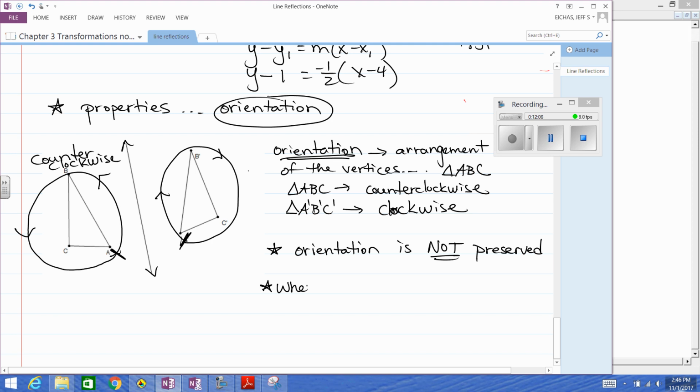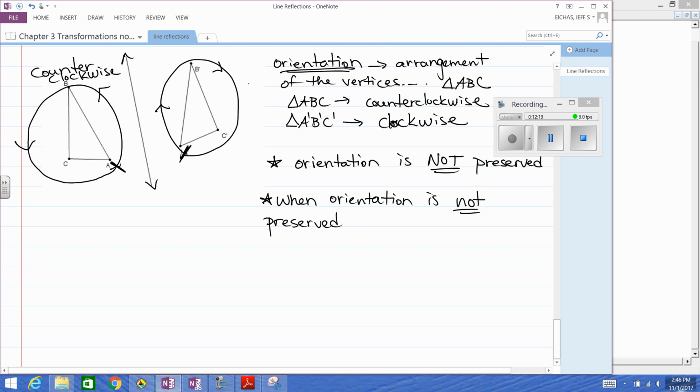When orientation is not preserved, and we talked about preserved in class, but I'll clarify that too, there must have been an odd number of line reflections. Now, line reflection is the only transformation that we study that does not preserve orientation.